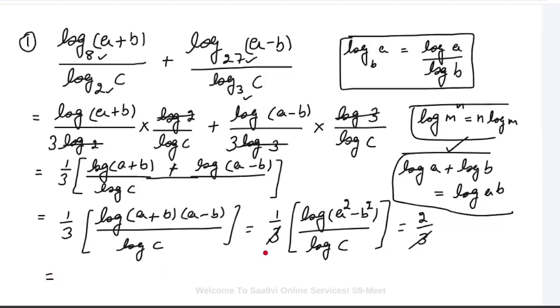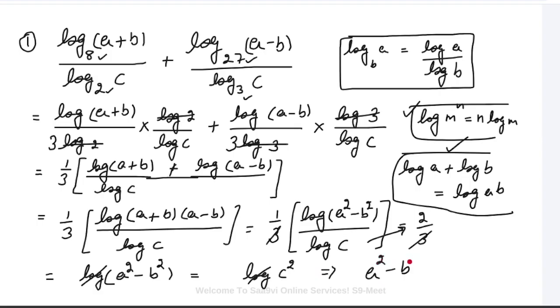Now I can cross multiply: log of A square minus B square is 2 log C. Using the property once again, this 2 can go to the top of C, that is C square. Taking antilog on both sides, we get A square minus B square equal to C square, or A square is equal to B square plus C square.